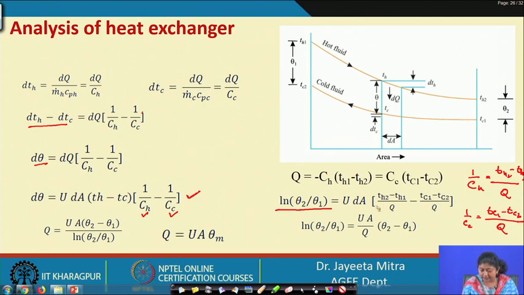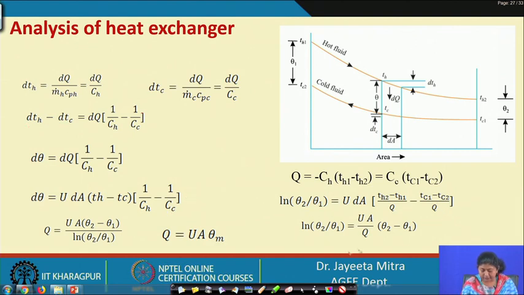So, we will put it here: Th2 minus Th1 by Q minus Tc1 minus Tc2 by Q. Okay. So, eventually we will get this expression.